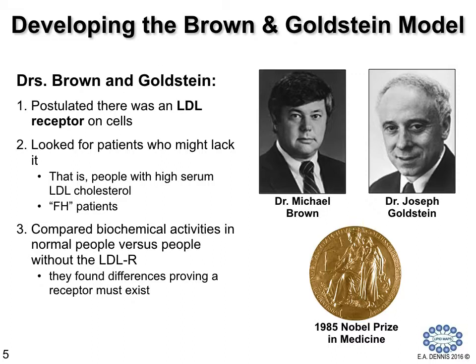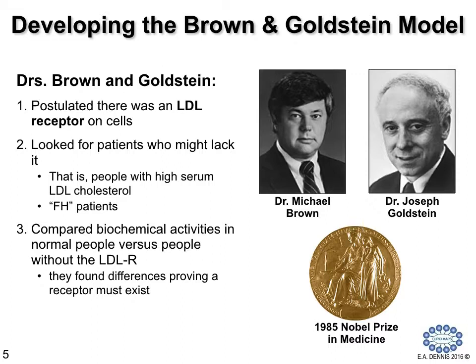A very important development in our understanding of cholesterol was the postulate by Michael Brown and Joseph Goldstein of the existence of an LDL receptor on cells. To prove their hypothesis, they looked for patients who might lack such a receptor, and they did so by screening for people with very high serum LDL cholesterol levels.